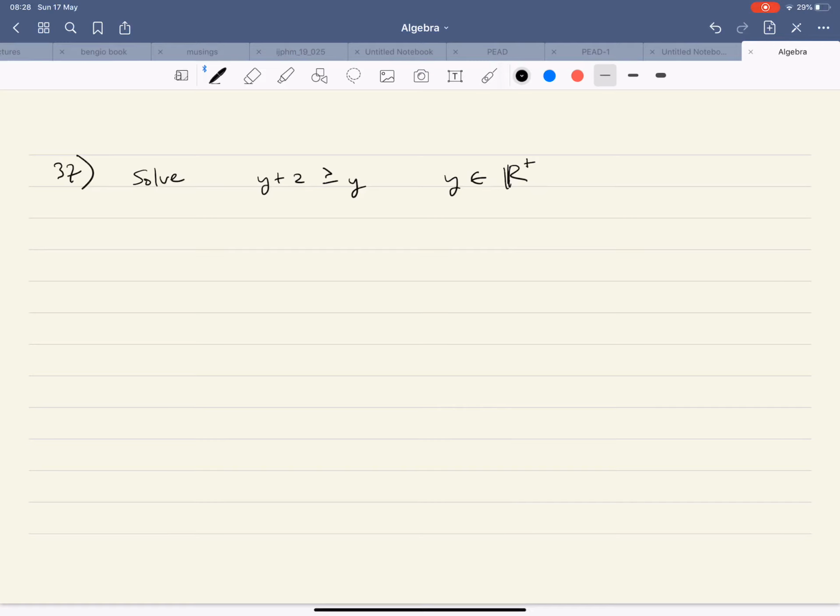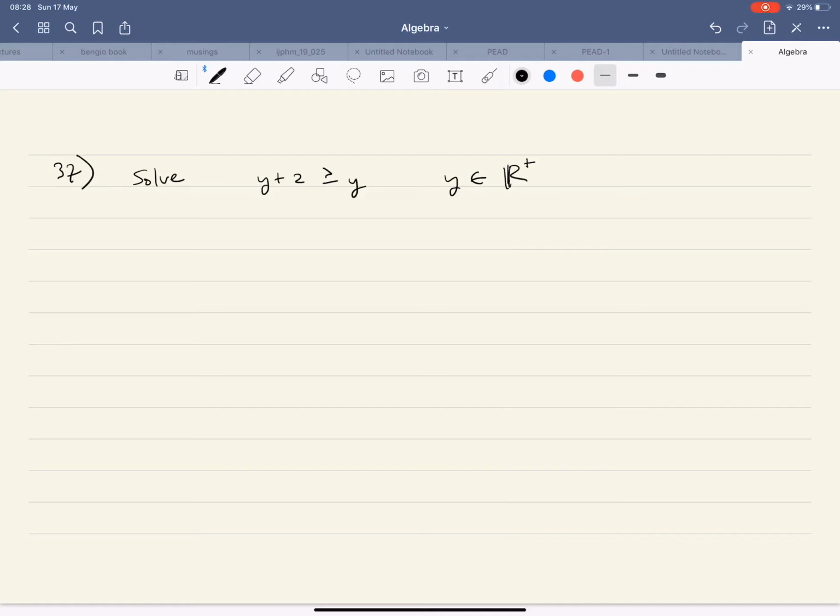Okay. So if I start thinking about the positive real numbers, well, at the boundary of that is going to be 0, right? Everything which is greater than 0 is going to be considered a positive real number.